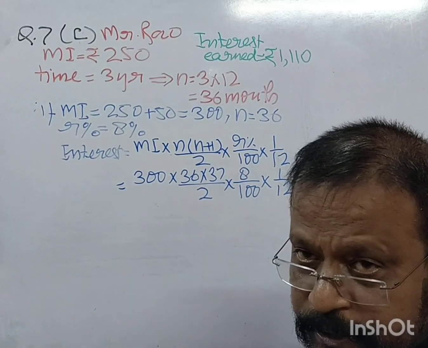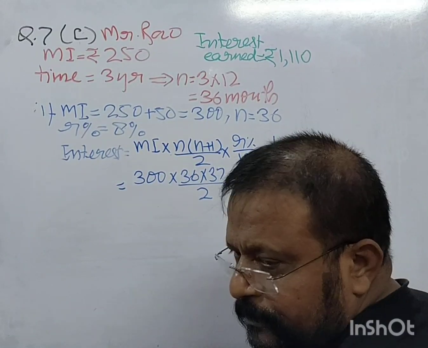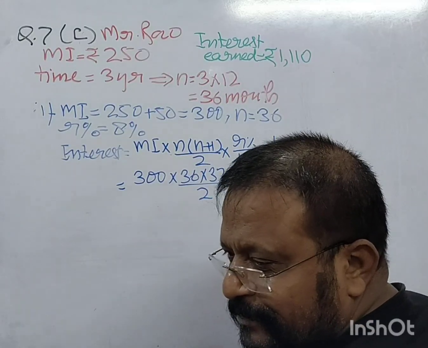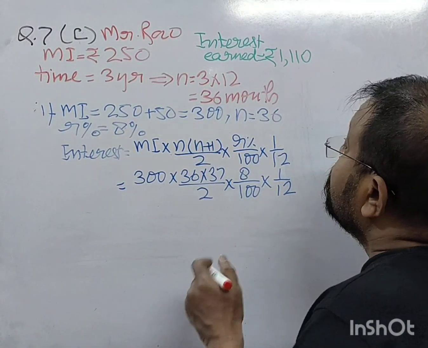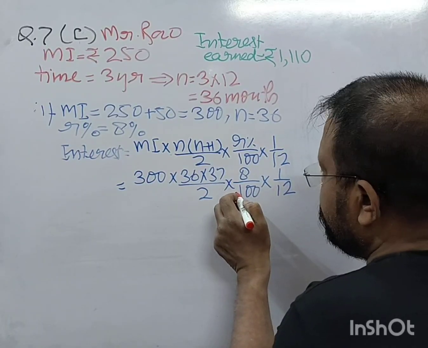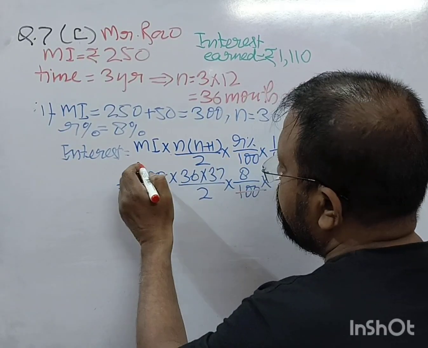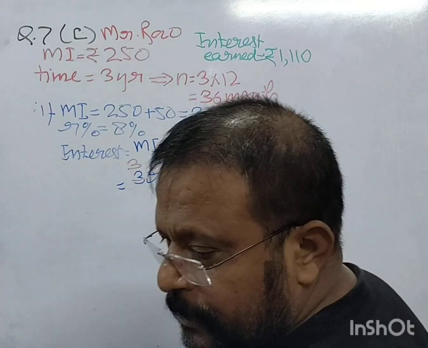So how much will it be? 300 divided by 100, we get 3.